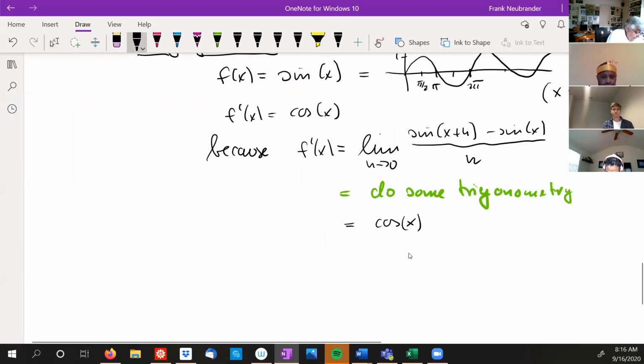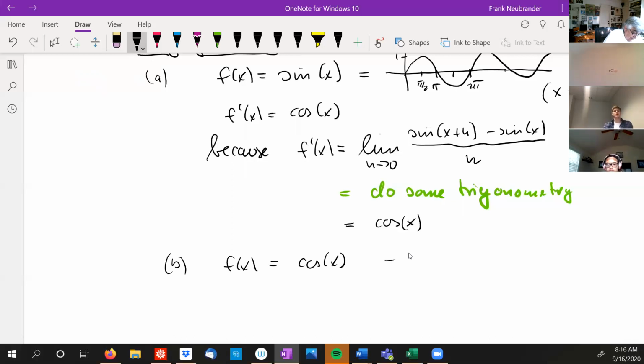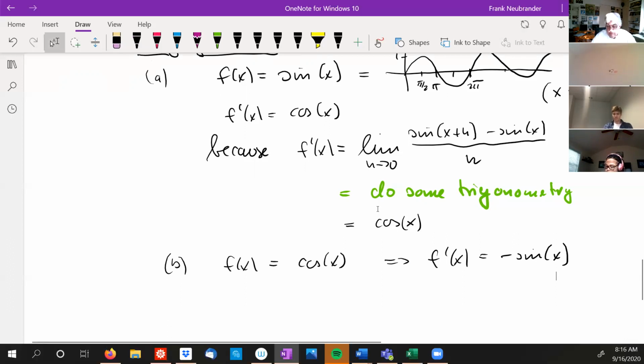And if you do the cosine function, then you get that the rate of change of the cosine function is minus the sine function. Again, these are properties we'll prove tomorrow.